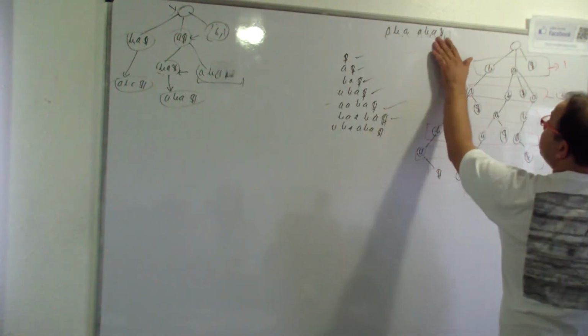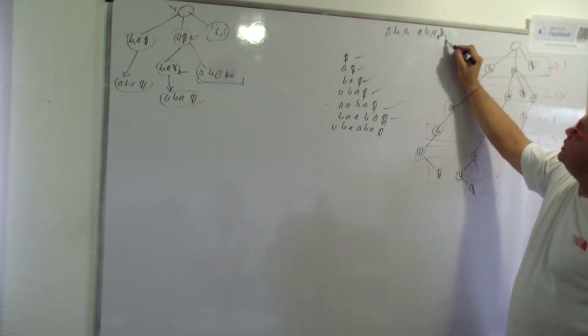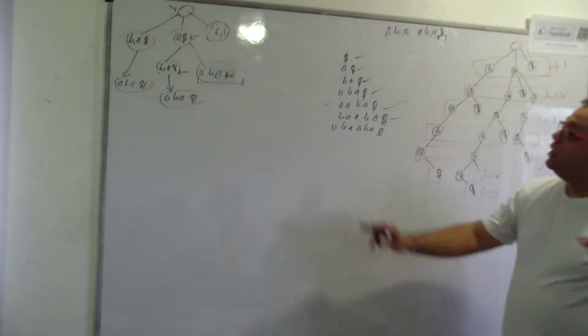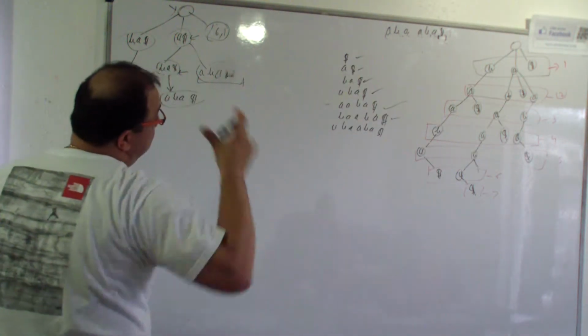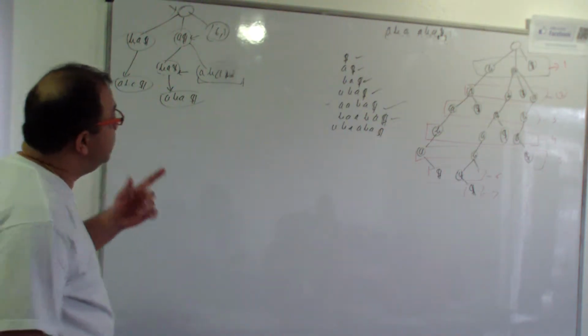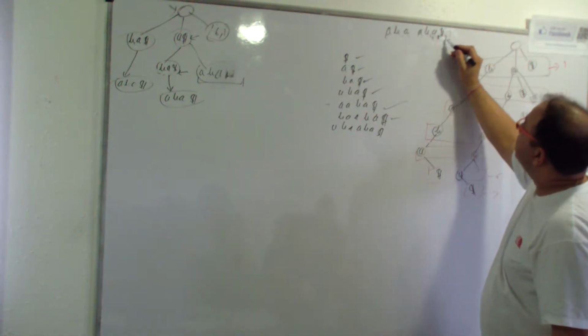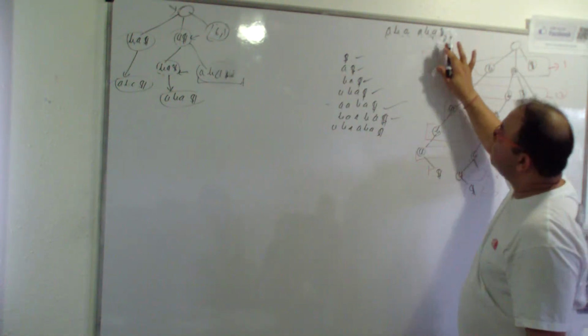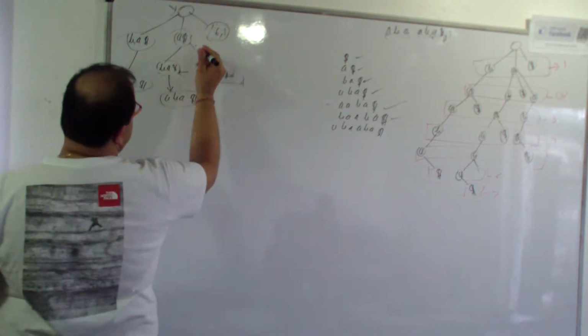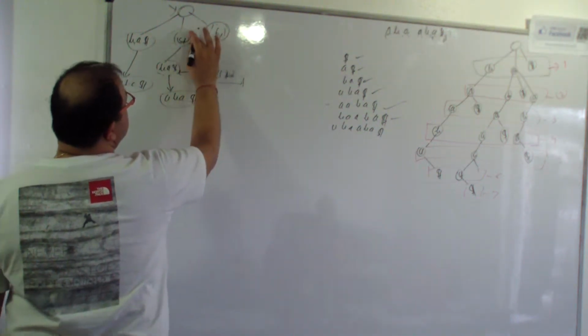So 6 comma 1 represents in this string index 6 and length 1. Next comes A dollar, which would be index 5 and length 2. So we can write 5 comma 2.